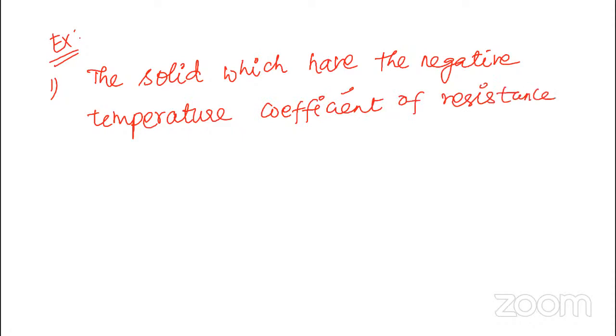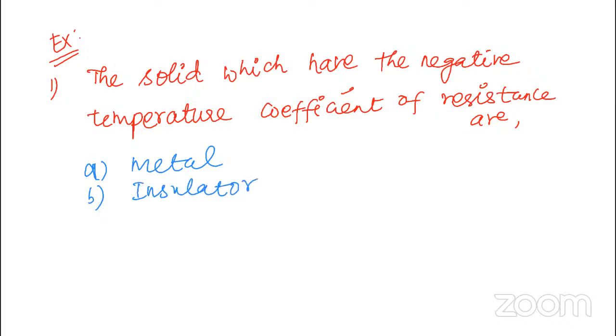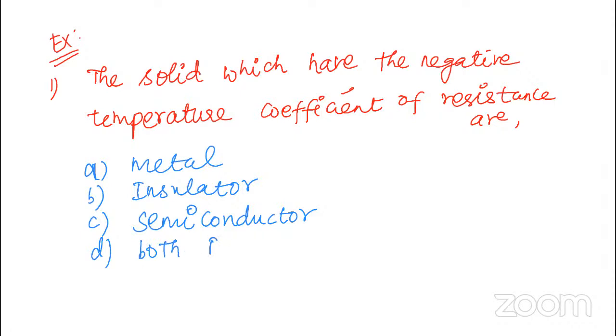The options given are: A, metal; B, insulator; C, semiconductor; and D, both B and C. Let us now choose the correct option.